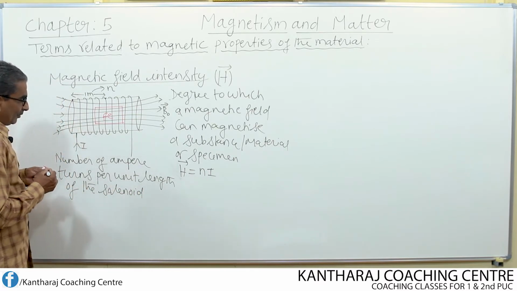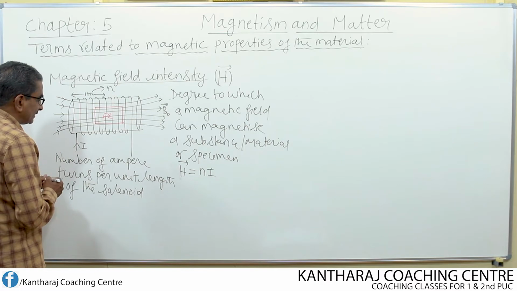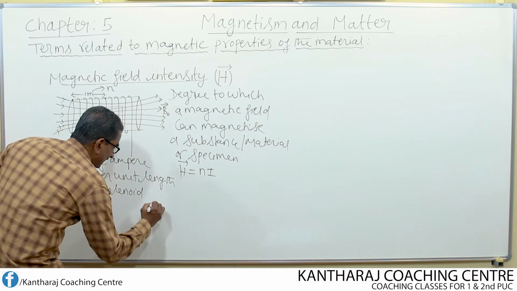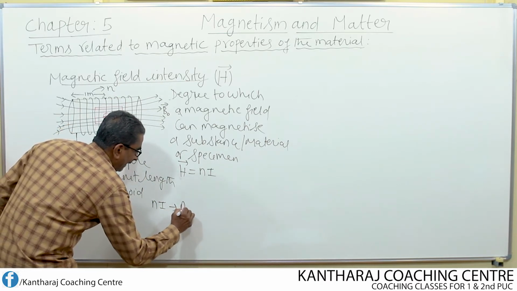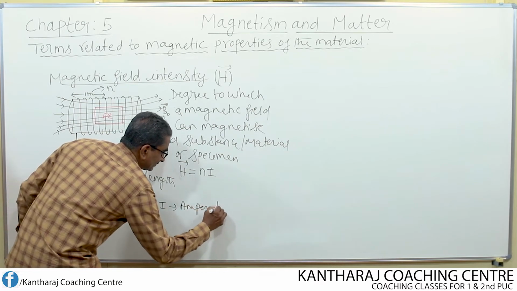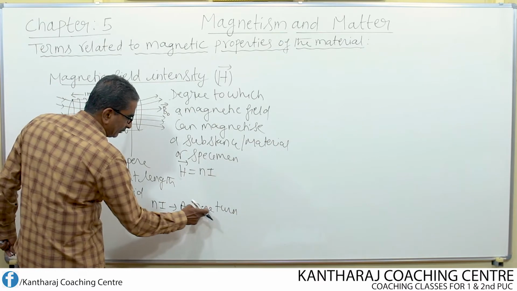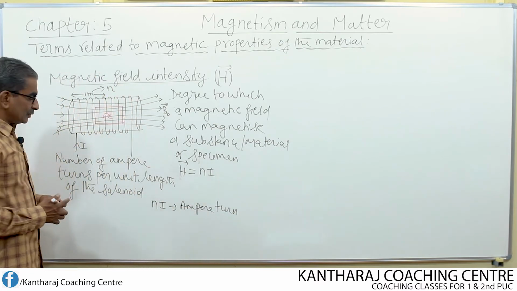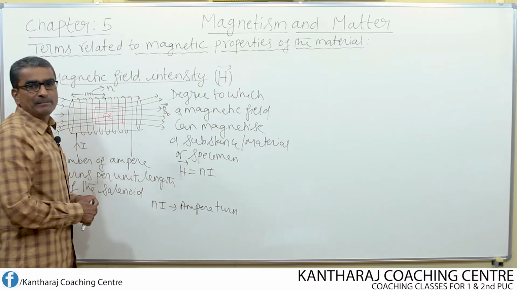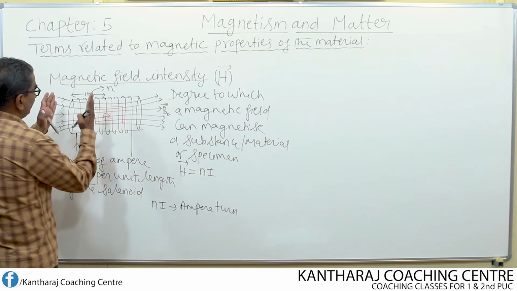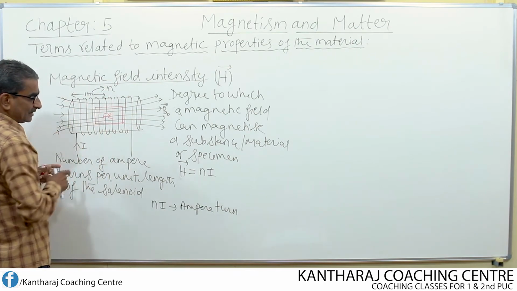Number of ampere turns means what? This n I itself is known as ampere turn. n refers to turns, and for current the unit used is ampere. So the product of n into I refers to ampere turn. In 1 meter length, n number of turns is there.